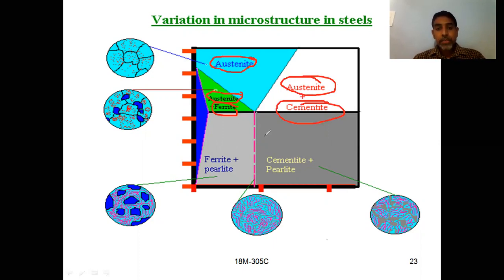If you see here, you have cementite and perlite. At this temperature you have austenite, at this temperature and composition austenite and ferrite, at this one austenite and cementite, at this one ferrite and perlite, and at this one cementite and perlite.